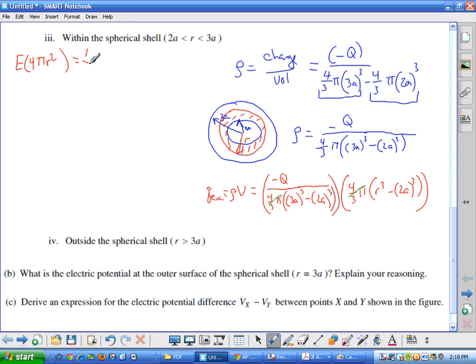So I'm going to have 1 over epsilon 0 times my enclosed charge. My enclosed charge is negative Q, and then it's the ratio of r cubed minus 2a cubed over 3a cubed minus 2a cubed.